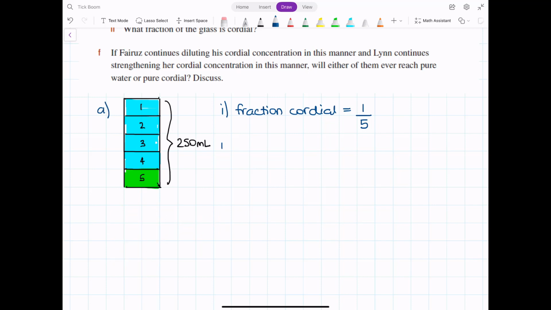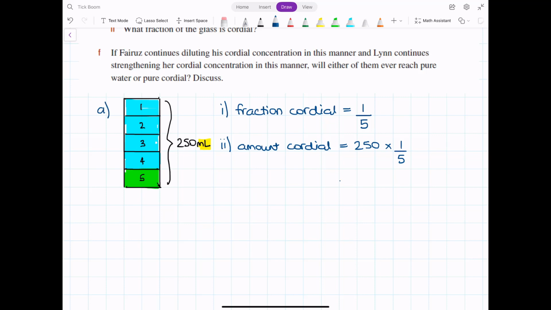And then part 2 wanted us to work out the amount of cordial, and this will be in milliliters because that's the units of the glass. So the amount of cordial would be the total 250 milliliters in the glass multiplied by the fraction 1 on 5.